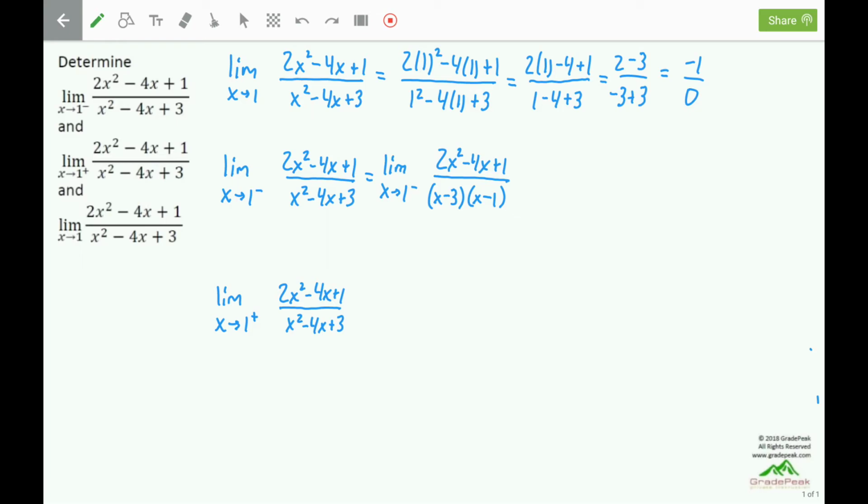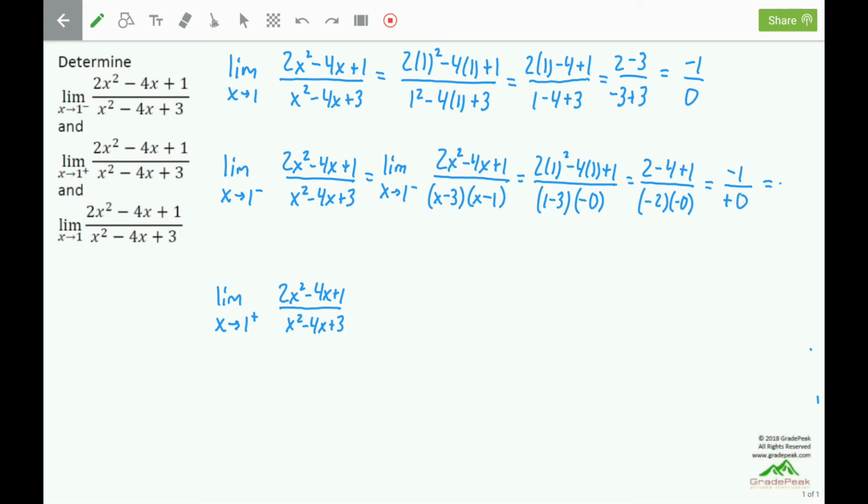A 1 can plug in for all other x's. That will give 2 times 1 squared minus 4 times 1 plus 1 divided by 1 minus 3 and then a negative 0 in for the x minus 1. 2 times 1 squared is 2, minus 4 times 1 is minus 4, and plus 1, divided by 1 minus 3 is a negative 2 times a negative 0. 2 minus 4 is a negative 2 plus 1 is a negative 1, divided by a negative times a negative is a positive, and a 2 times a 0 is a 0.